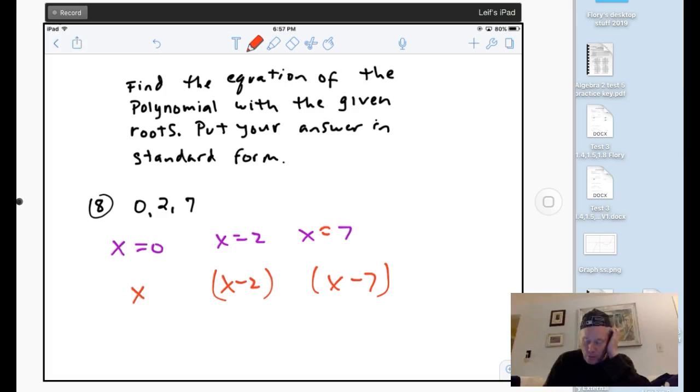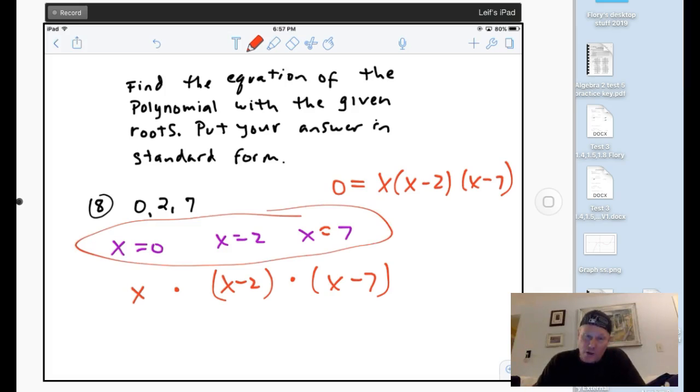So what I want to do is multiply all three of those things together. What I'm getting at, so if I had 0 equals x times x minus 2 and x minus 7, if I gave you that and asked you to solve it, you come up with these three answers right here. We're going the other direction now and trying to get the polynomial, okay?